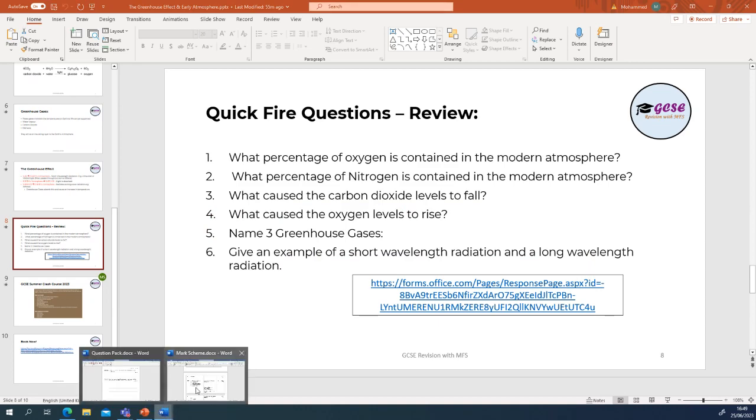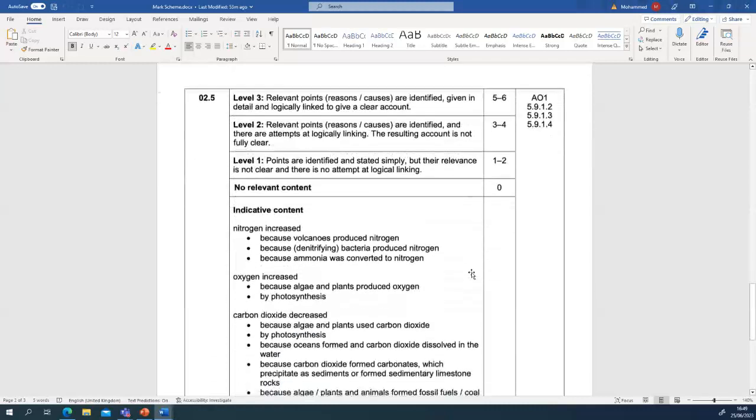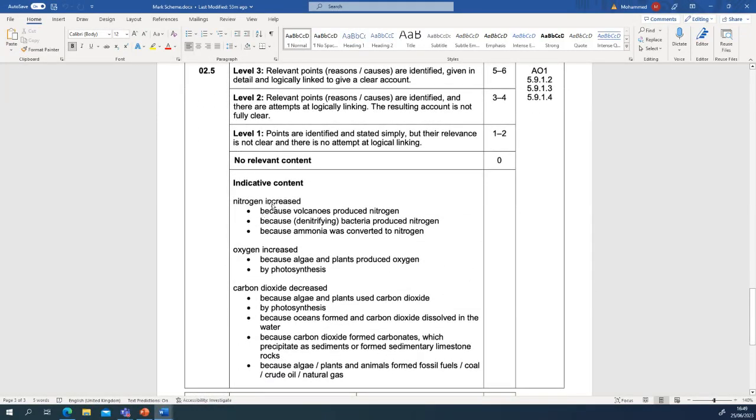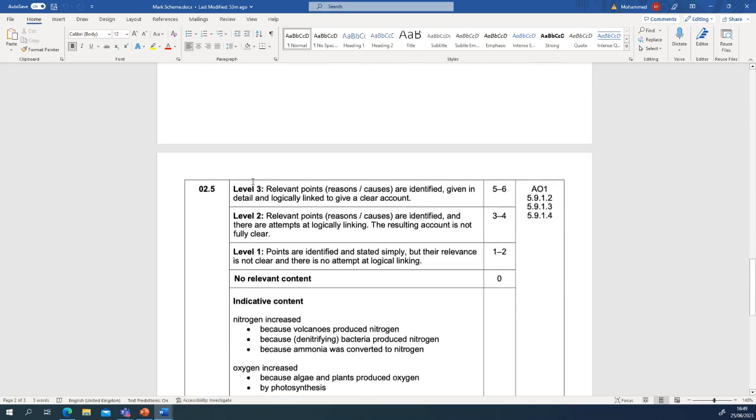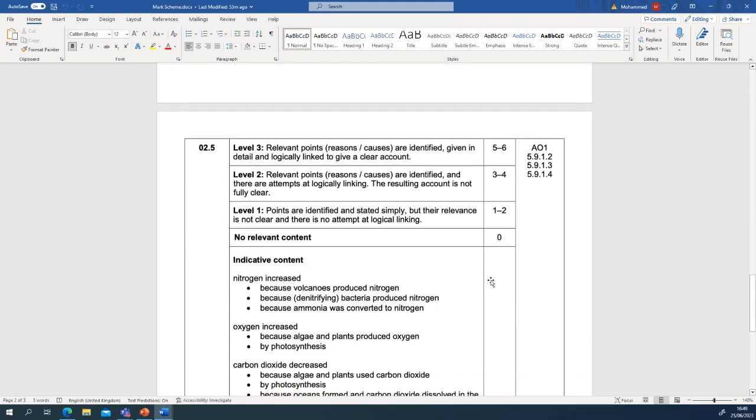Okay, if I show you the mark scheme for that last question, over here, nitrogen increased, oxygen increased, carbon dioxide decreased, and it's all about explaining why. Now, in this type of question, there's 3 levels. In level 1, you would get 2 marks for just stating that nitrogen increased, oxygen increased, and carbon dioxide decreased.